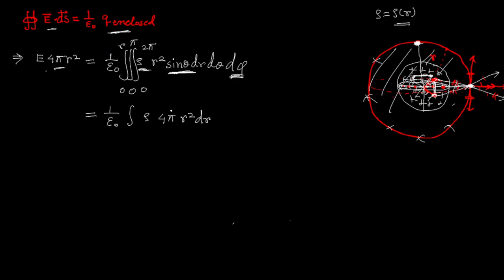So the contribution of the theta term and phi term together will always give us 4 pi. Only this r dependent term will be different for different values of rho, and then we have to integrate like this. Okay. So these are a few important points.